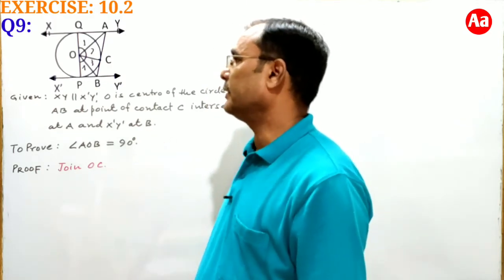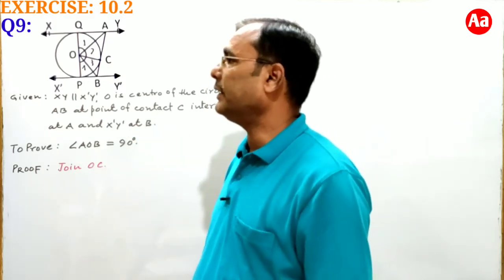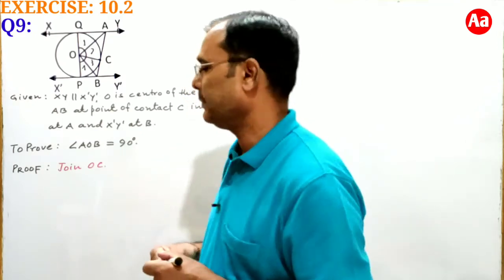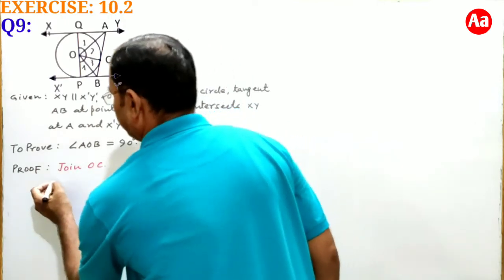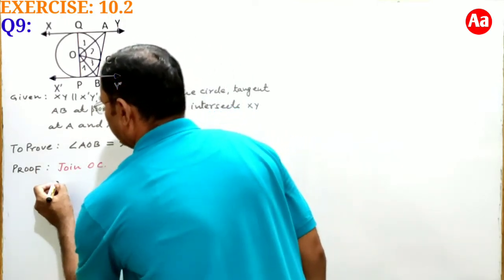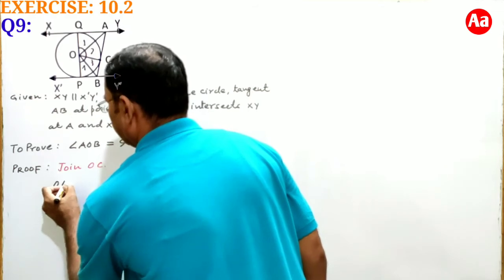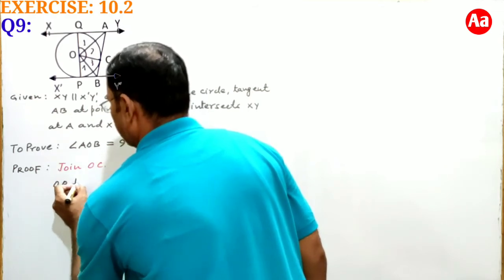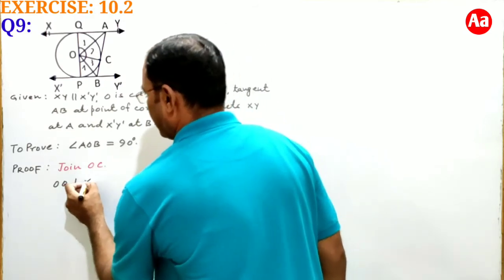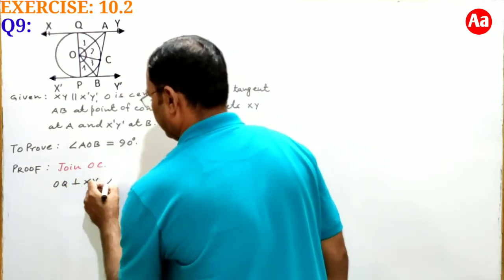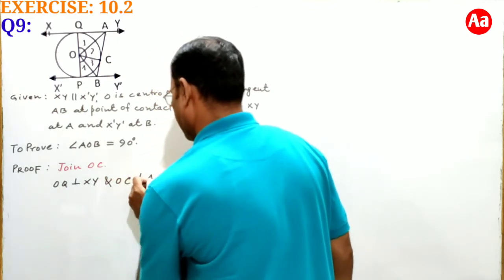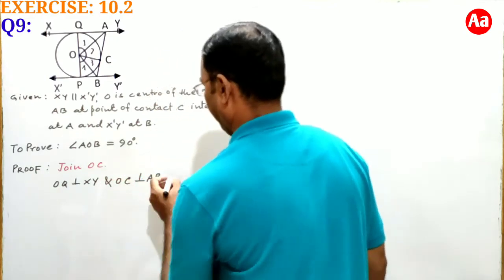O is center, OQ and OC are radii through the point of contact, so they will be perpendicular. OQ is perpendicular to XY and OC is perpendicular to AB.